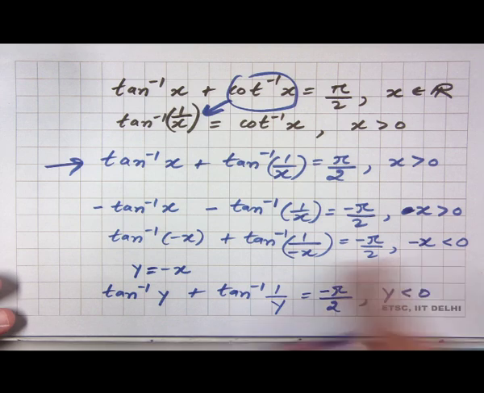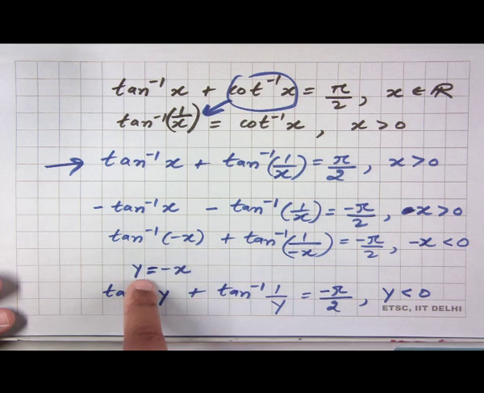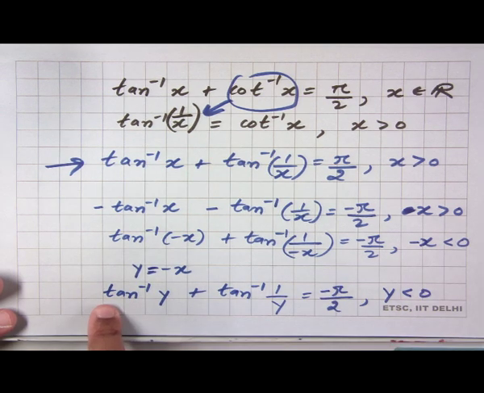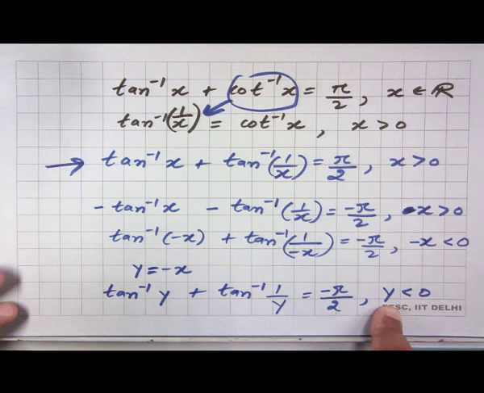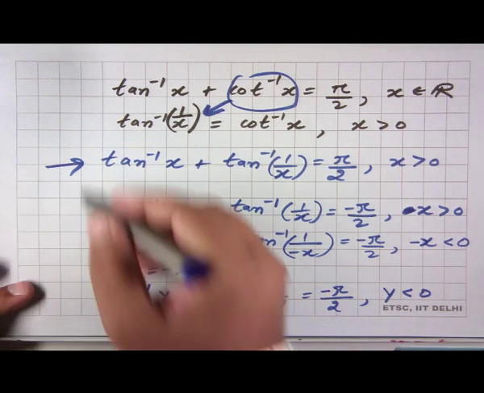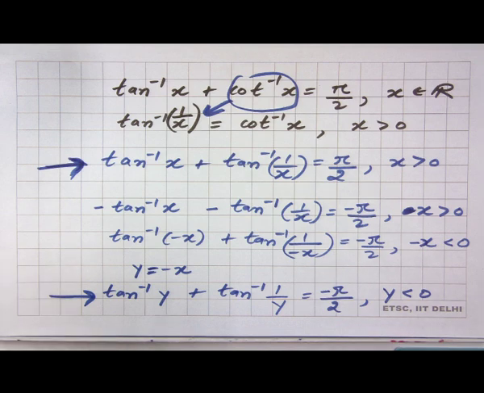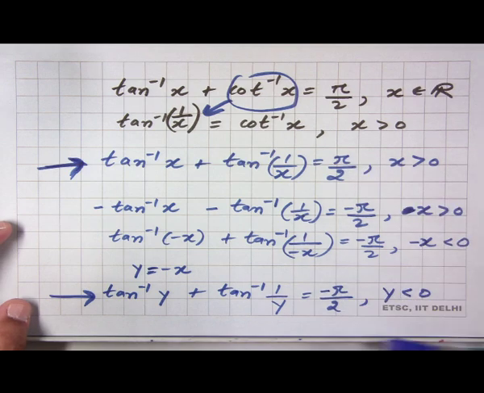Now we see that in this equation we have minus x everywhere. So if we use another variable y equal to minus x, then the same thing can be written as tan inverse y plus tan inverse 1 over y is minus pi by 2 for all negative y. We will probably just be using this and the earlier equation, which look very similar except that we have pi by 2 and minus pi by 2 here.